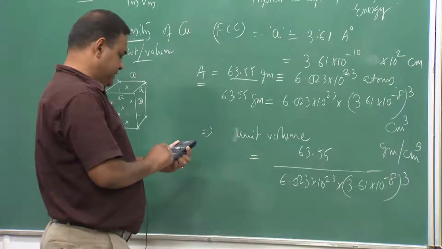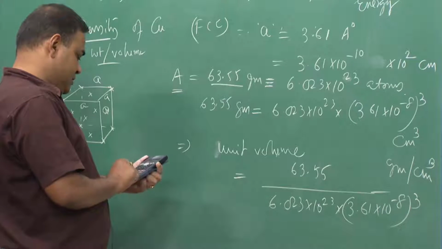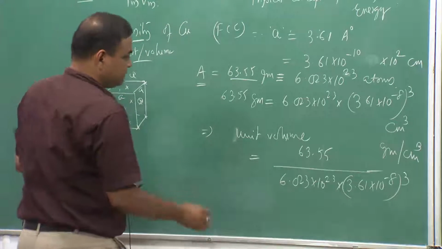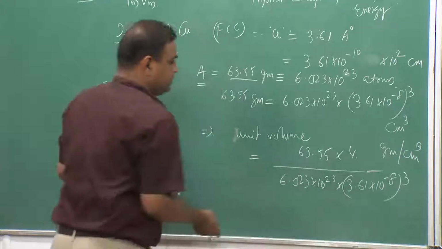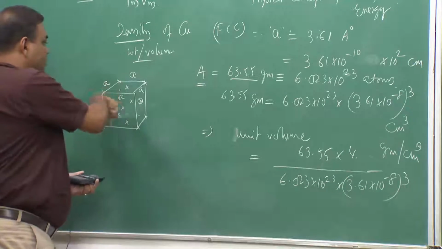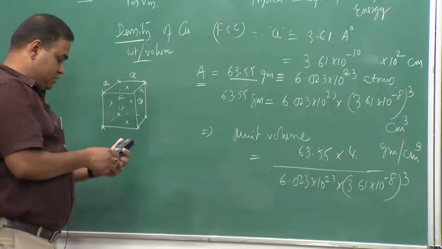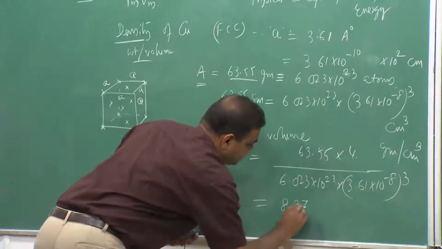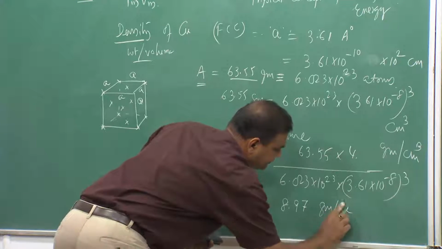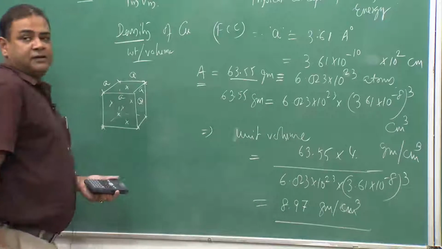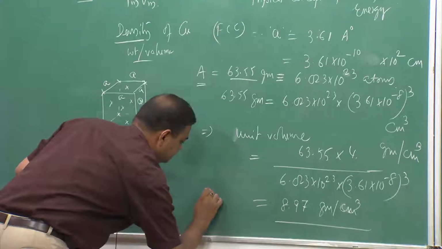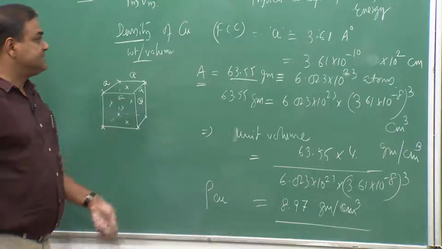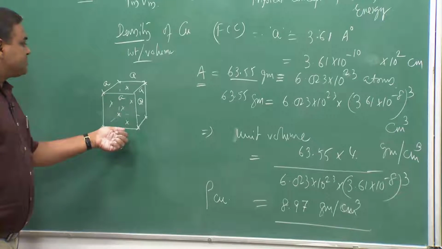So, 63.55 divided by 6.023 by 3.61 cubed. Oh, I am missing one 4 term, multiplied by 4, because that 4 term came from the 4 atoms occupying the volume of the cube. It is coming about 8.97 gram per cc, centimeter cube. So, this is the density of copper.